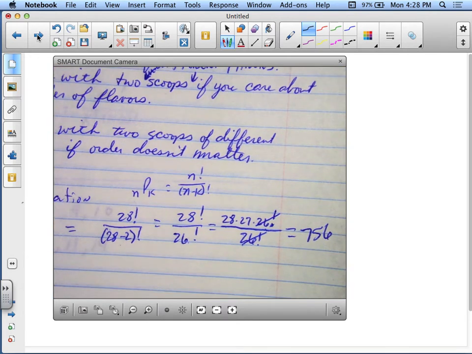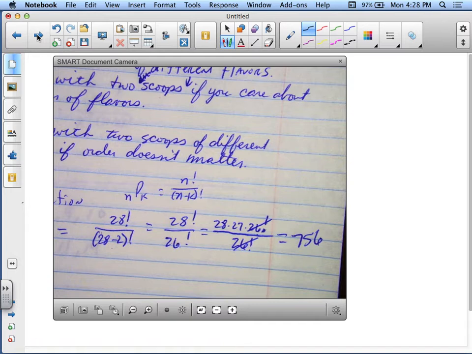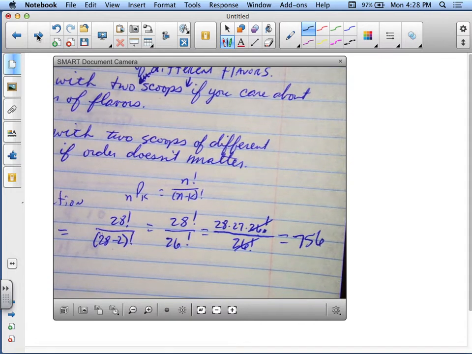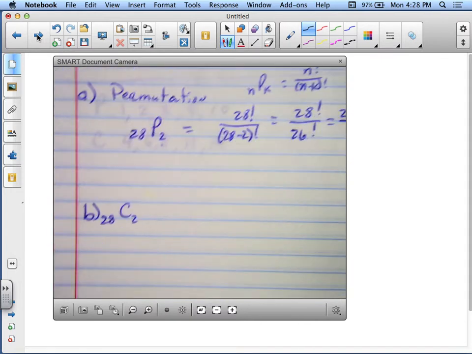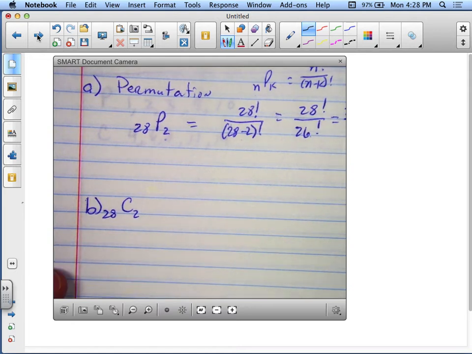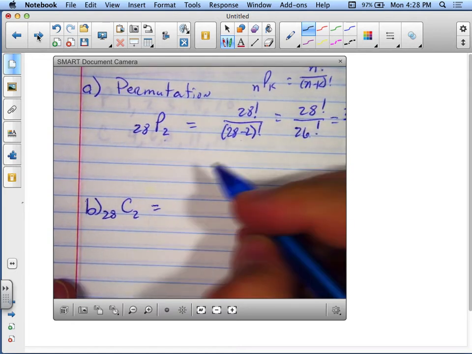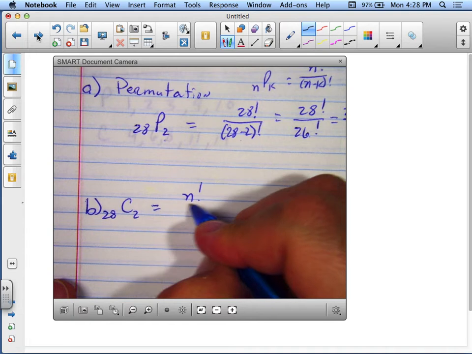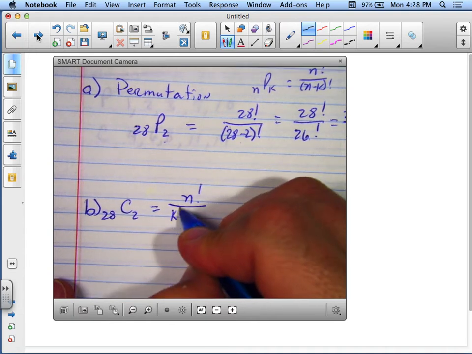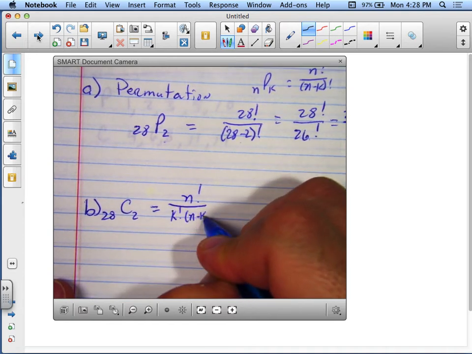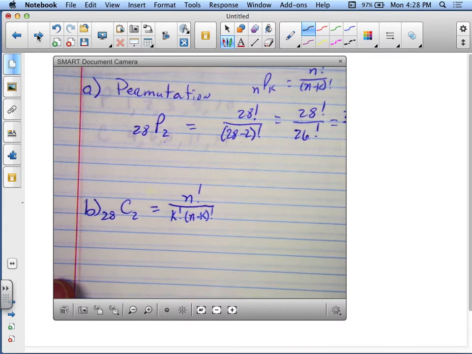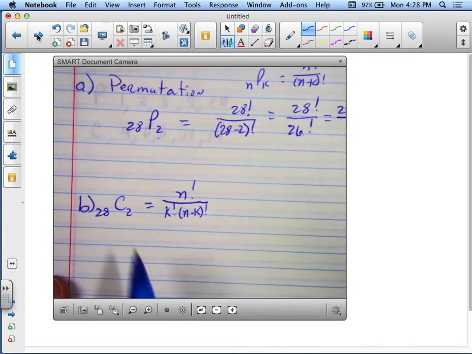Now the second one is when order doesn't matter. And so for that one, I'm going to use a combination. Remember, the formula for this one is very similar. It's n factorial over k factorial times n minus k factorial. So now I'm simply going to plug in the n and the k. This is n, the 2 is the k.